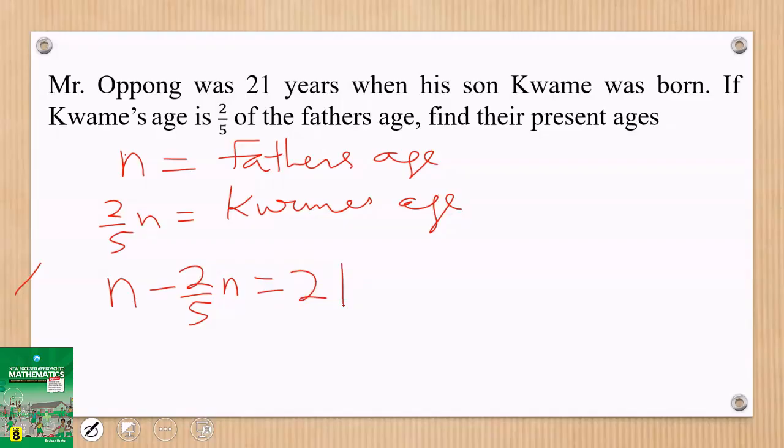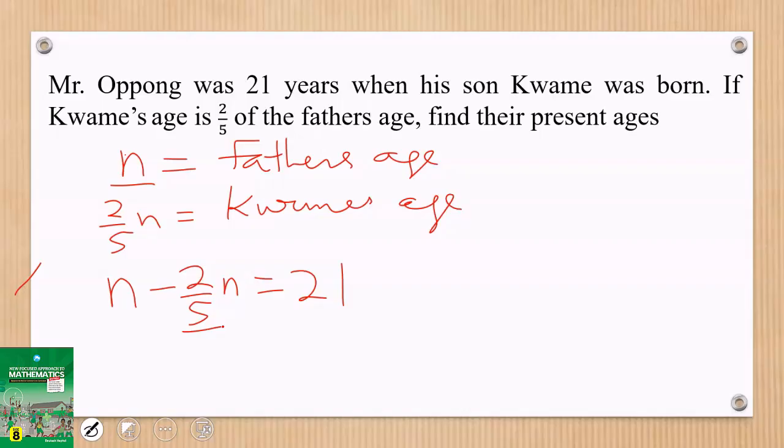I hope you understand the scenario. The father's age is n now, and Kwame's age is 2/5 of n. Going backwards, at the time the father was 21, Kwame was 0. So today's father's age minus Kwame's age should give 21.